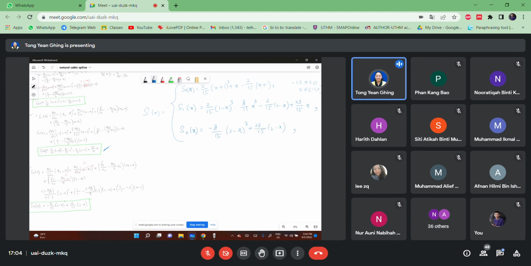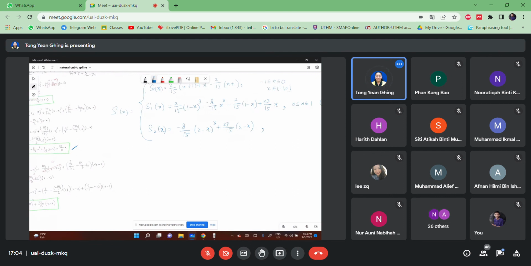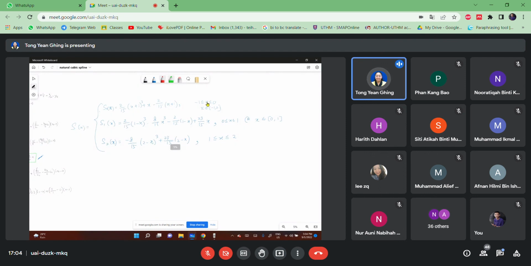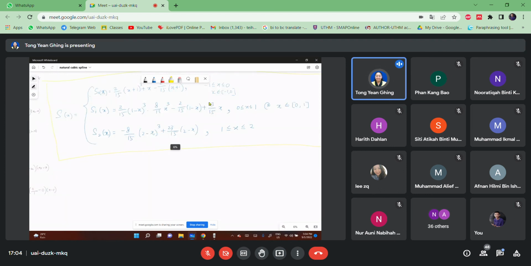So this one is for x smaller than or equal to 1 and bigger or equal to 1, and smaller or equal to 2. So okay, dah habis. So this is your so-called natural cubic spline polynomial. When we have all of these three, boleh ke semua?